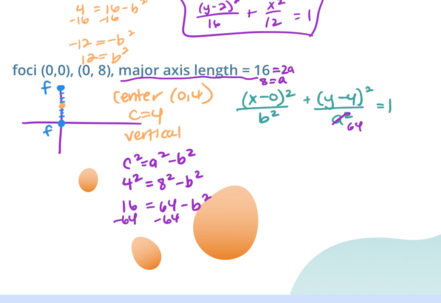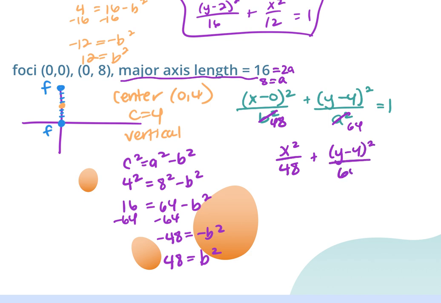Subtract the 64 and negative 48 equals negative B squared. So B squared equals 48. And I'd simplify it, x squared over 48 plus y minus 4 squared over 64 equals 1.